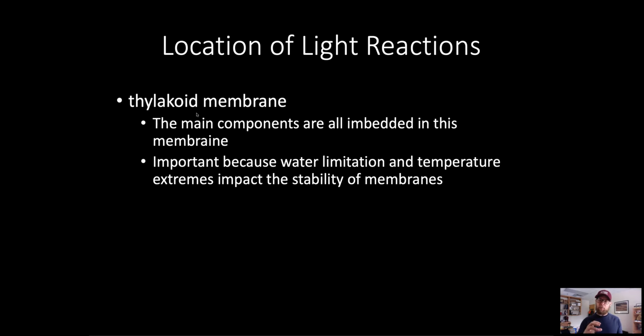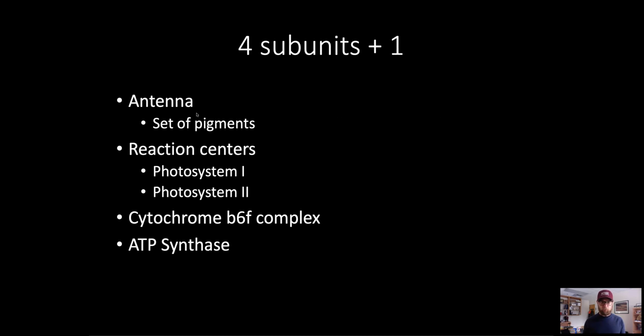If the membrane is damaged or not as stable as you would want it to be, those components of the light reaction start moving around and they can't function as well as they should. So anything that's affecting a membrane in a plant is affecting the ability of the plants to harvest sunlight and convert it to chemical energy. That's why I really wanted to highlight and have you remember the thylakoid membrane, because of its importance.